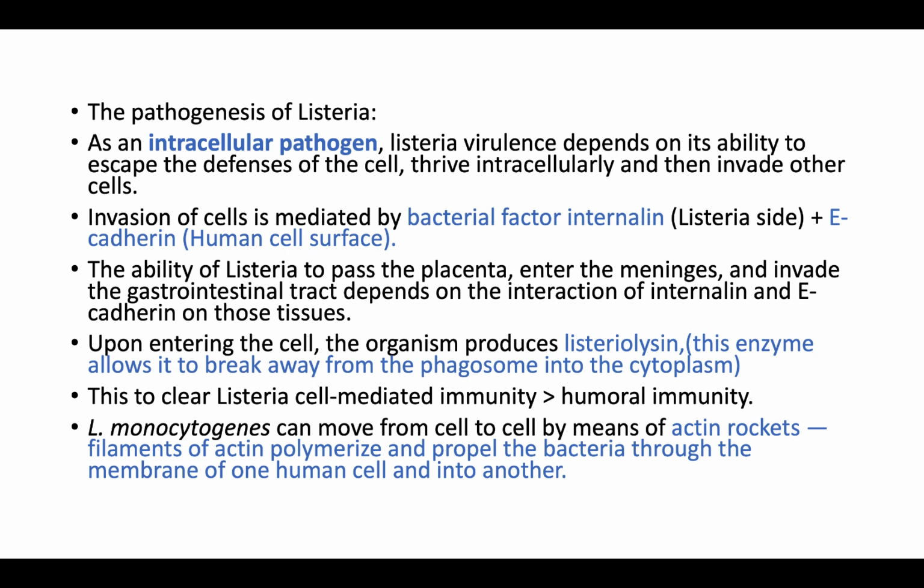On our cells we have E-cadherin. Their internalin binds to our E-cadherin and allows them to internalize themselves, so they do not have to go through endocytosis by the cell and then escape the vacuoles or the lysosomes. No, they internalize themselves by themselves. This is how they escape lysosomes.